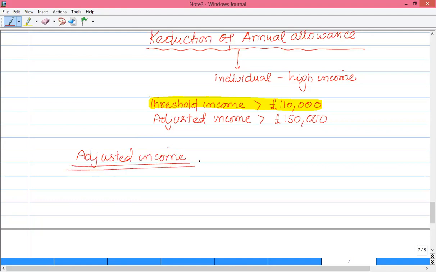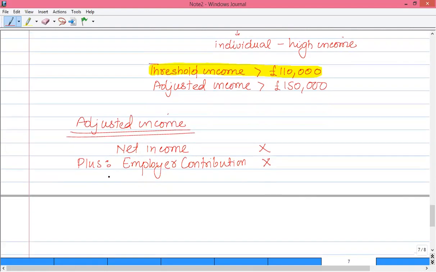We have to find out the net income, and to net income we will add employer contribution in any scheme. Remember, employer contribution in any scheme, whether it's personal or occupational, and the individual employee contribution.